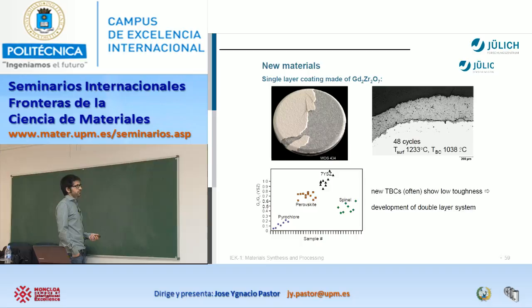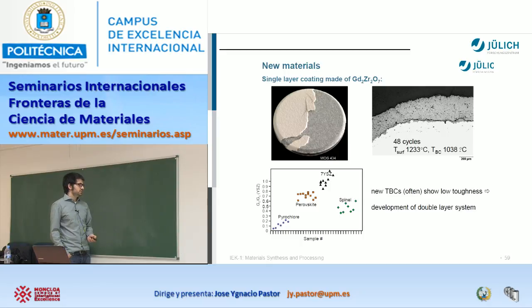And here, another example. At the beginning, in the first presentation, I showed you a problem with the heterostabilized zirconia, and it's unfair if I don't also show you a problem with the gadolinium zirconates. It's promising, but there are a lot of things to do. It's just a single coating, but after several cycles, there are also these cracks.